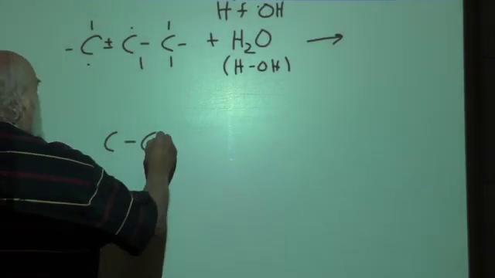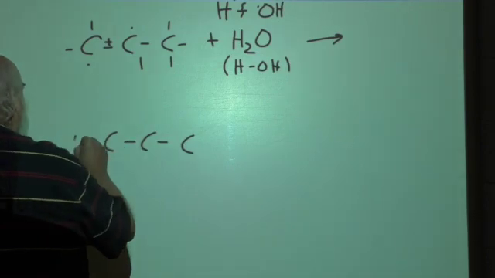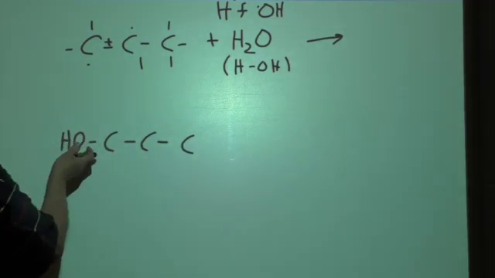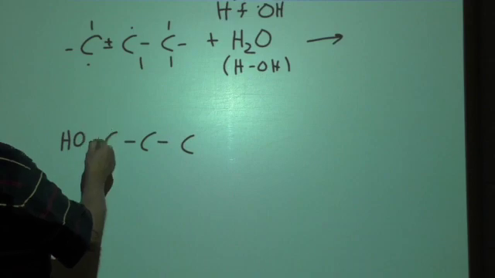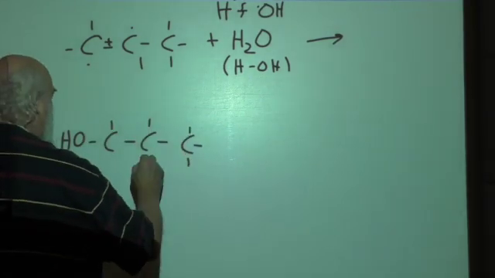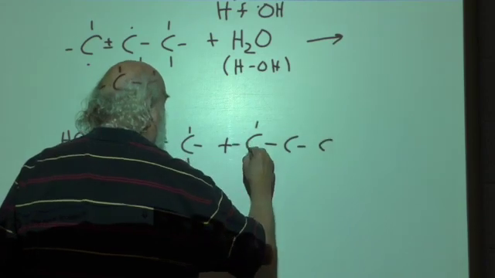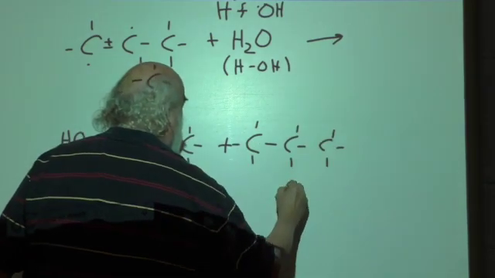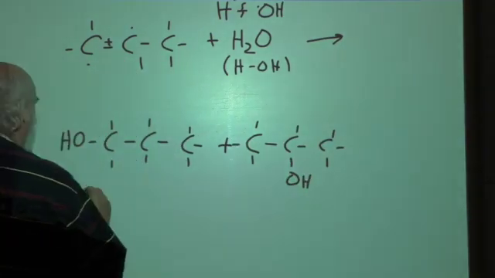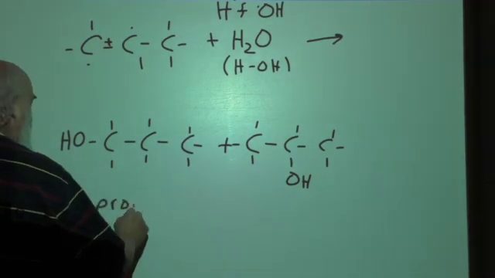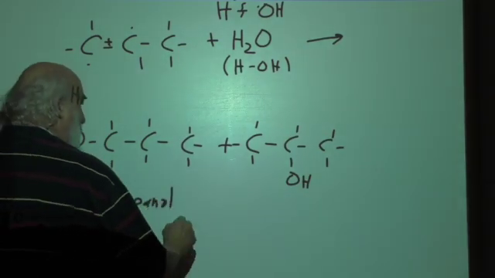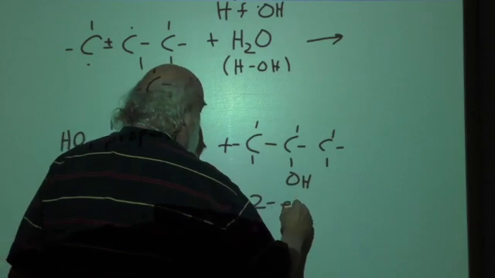So you actually get a mixture of two alcohols. You get this, because the oxygen bonding, I wrote it like that. That's an OH group. It's the same thing. And you get this. So you get 1-propanol, and you get 2-propanol.